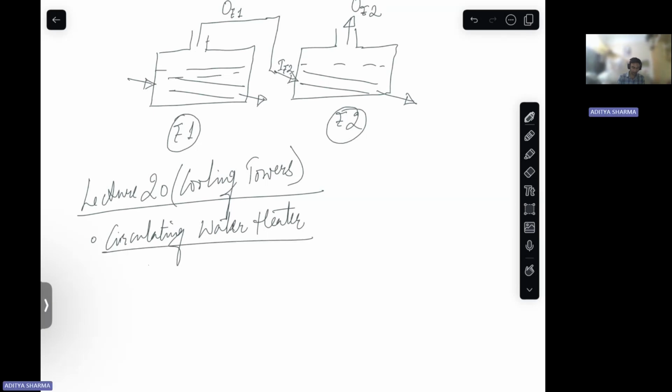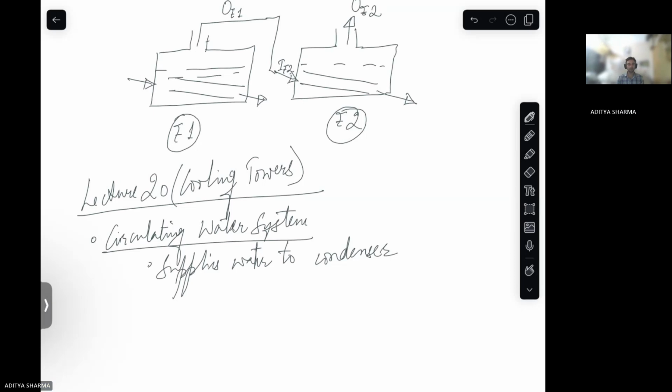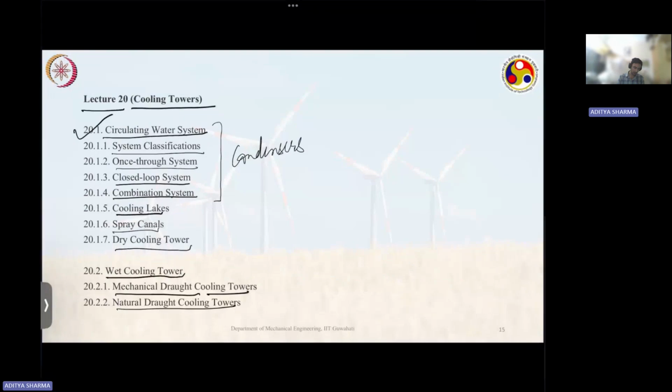So what is circulating water system? This supplies water to the condensers. Then next is your system classification. So in system, all these three will come.